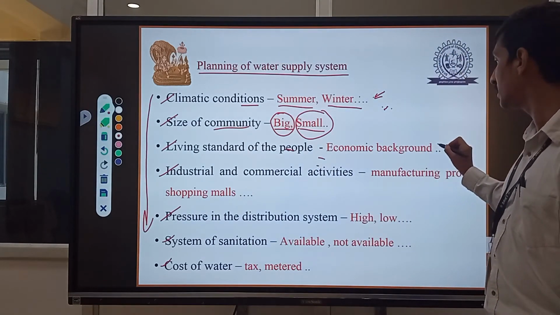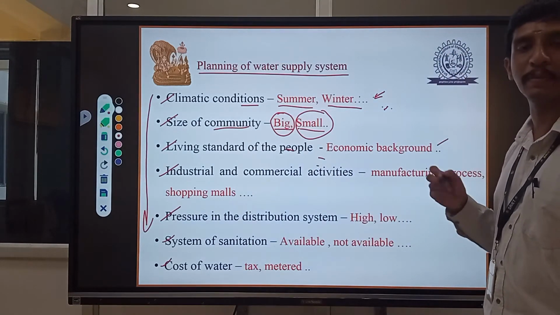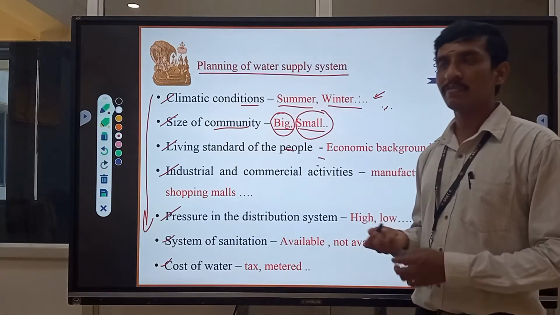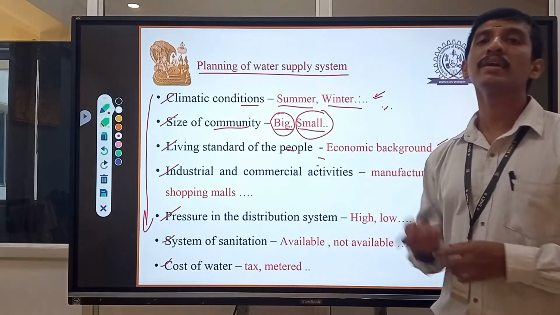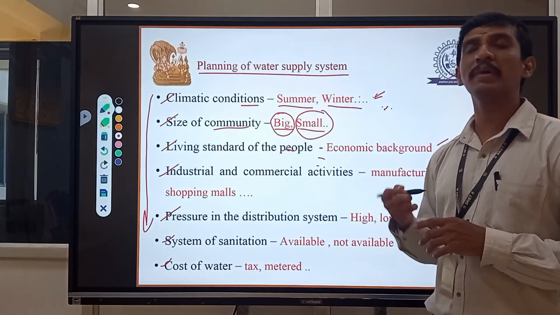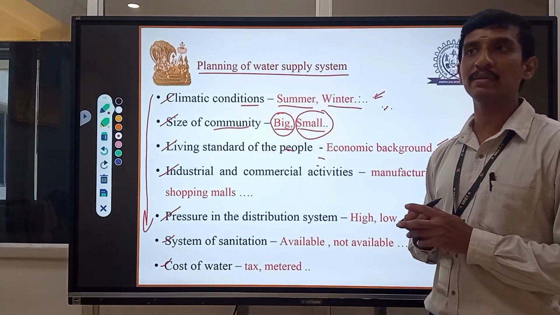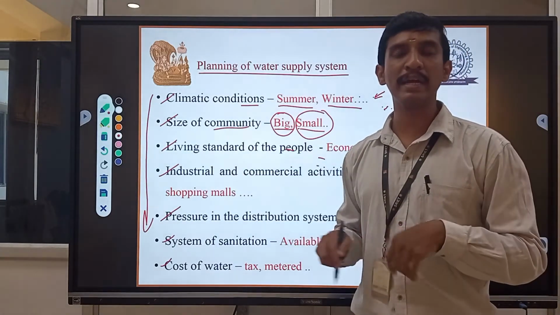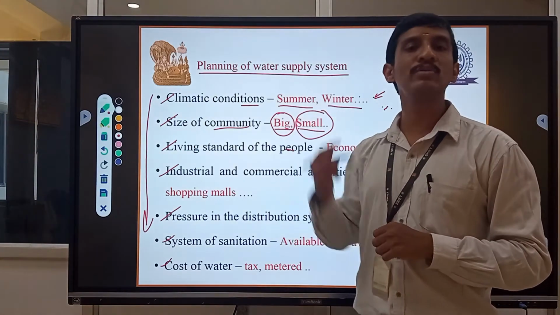According to the economic background of the people, the requirement of water will vary. For example, a wealthy family, a family with a good economic background, uses a bathtub for bathing, a swimming pool and an air cooler.